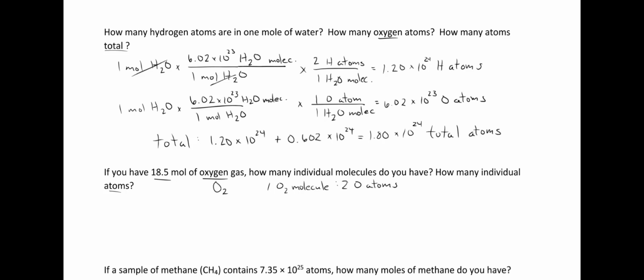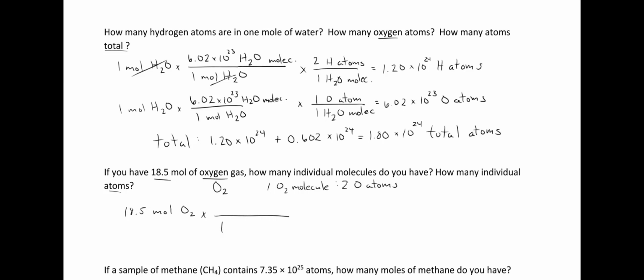So let's first start off here by finding how many individual molecules I have. So I have 18.5 moles of oxygen gas. If I want to get that to numbers of molecules, I simply use Avogadro's number. So in front of mole, I put 1.